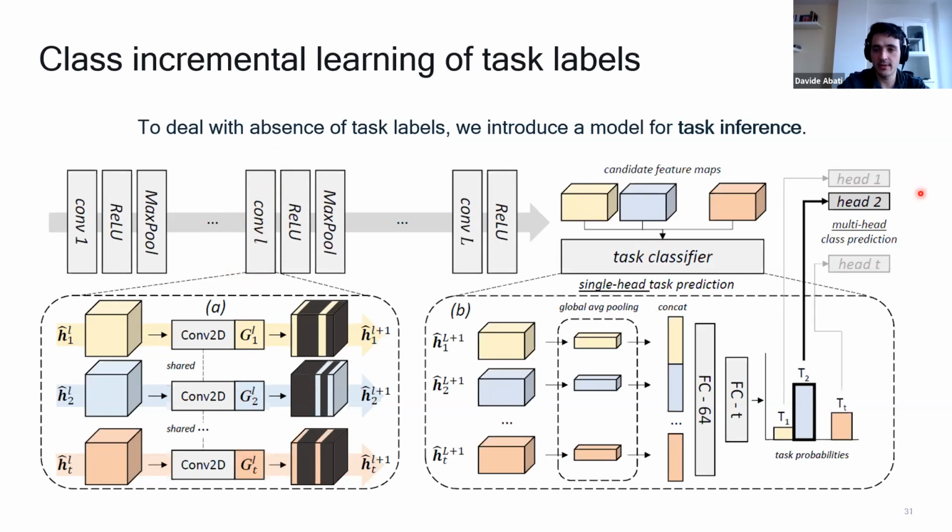The class head classifiers are again trained separately for each task, so they won't forget. What will forget is the task classifier, because it has some parameters and there's nothing protecting it from drifting and just saying, all right, it's the last task, for each example.